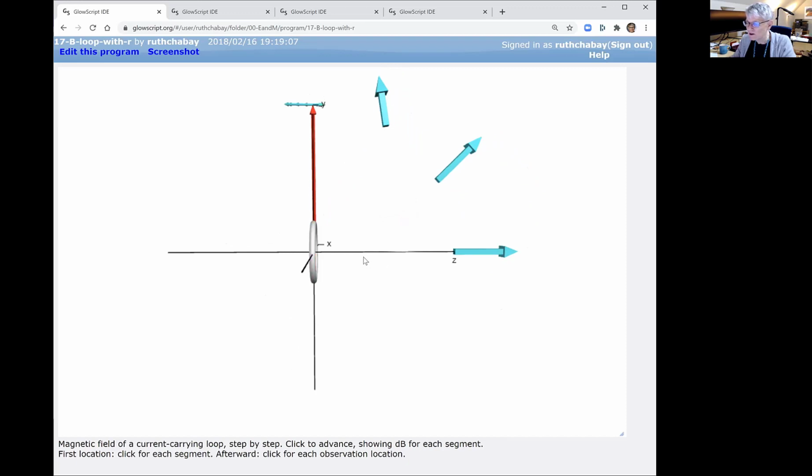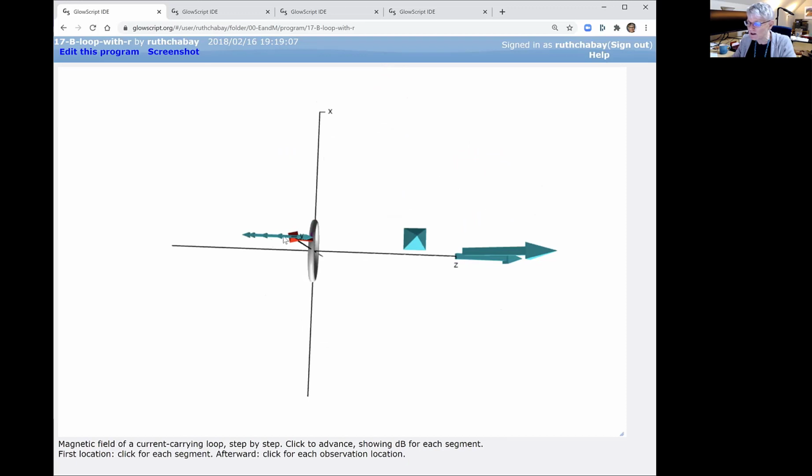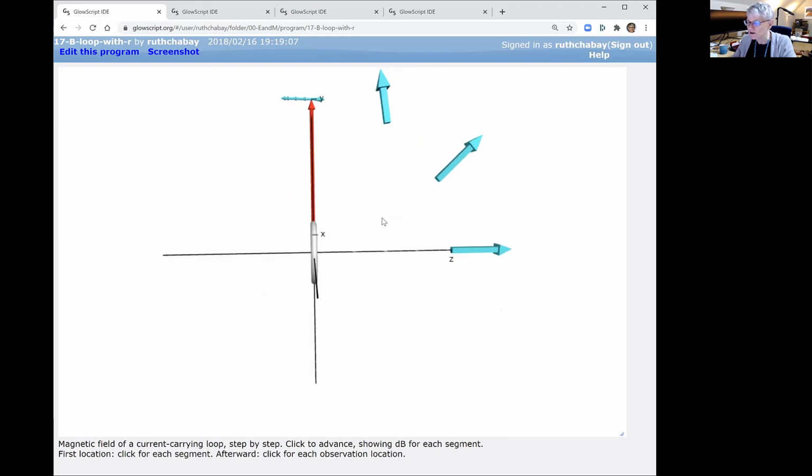On what we consider the perpendicular axis, interestingly, we only get contributions in the plus or minus z. And we add up all the contributions in lots of places.